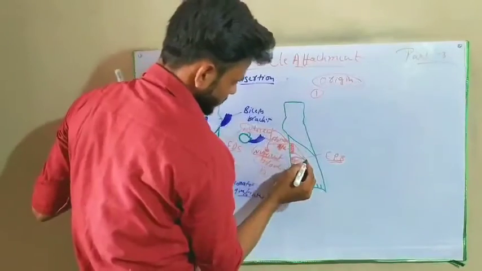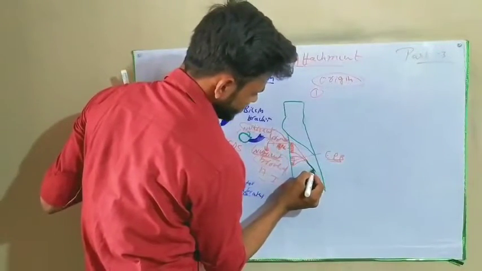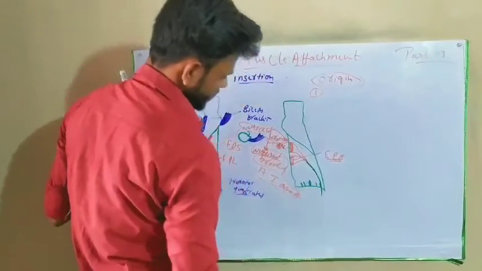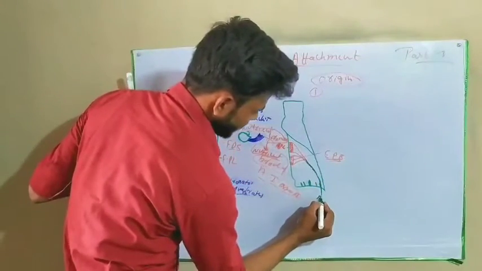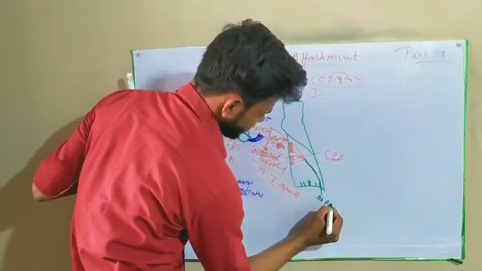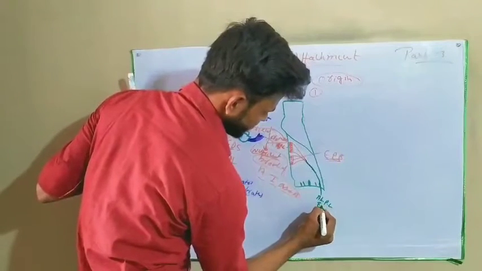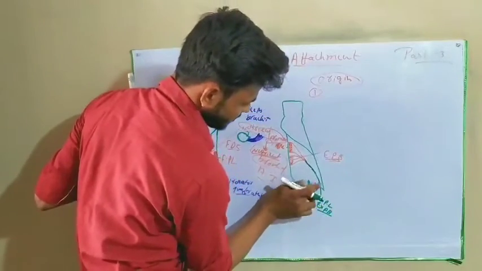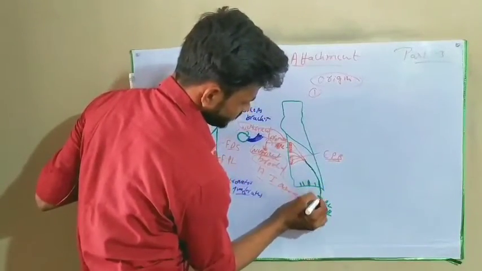Those muscles will communicate and form a tendon. This tendon will pass through this groove. Those tendons are abductor pollicis longus and extensor pollicis brevis. Those tendons will pass through this groove.